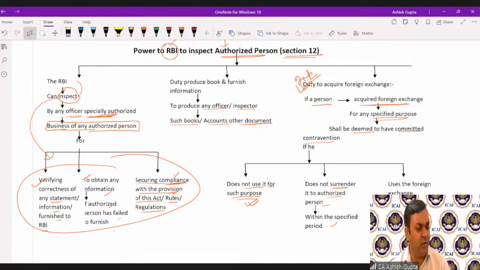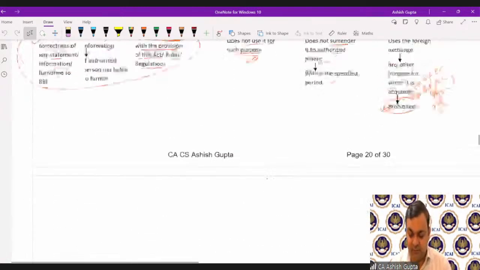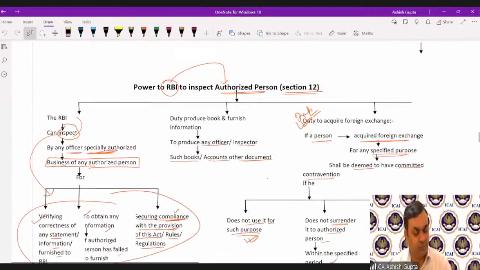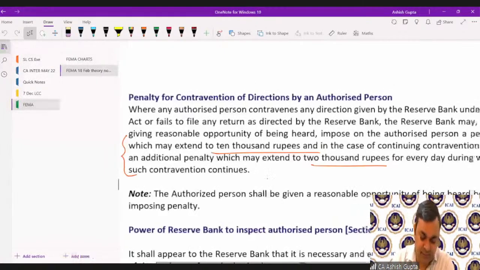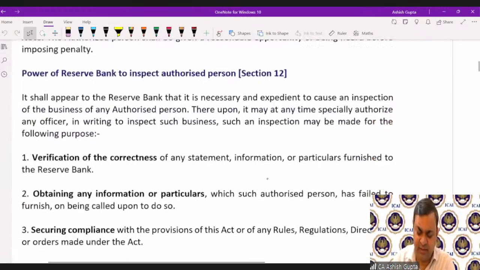If you have any doubt, you can ask it here, with respect to sections 10, 11, 12. So that is the section 12 theory part.